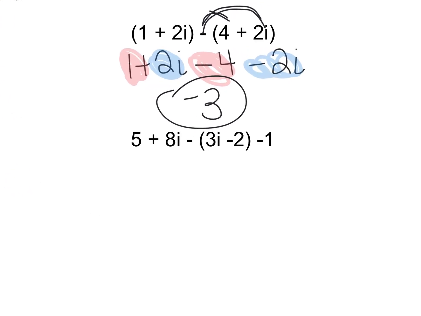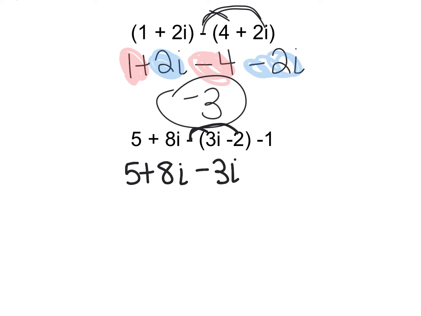Here is a slightly more involved one to make sure we remember how to subtract. We are just distributing that negative to what's inside the parentheses only. So we're going to have 5 plus 8i minus 3i when we distribute the first, and then minus a minus is plus 2. The minus 1 stays the same on the outside of those parentheses because the negative only goes to what's inside of the parentheses.